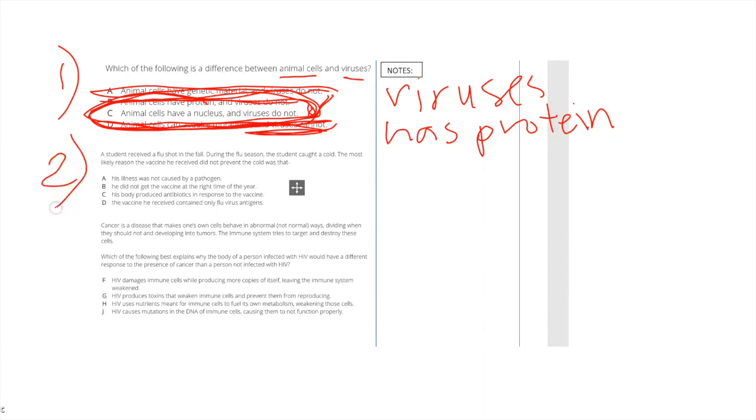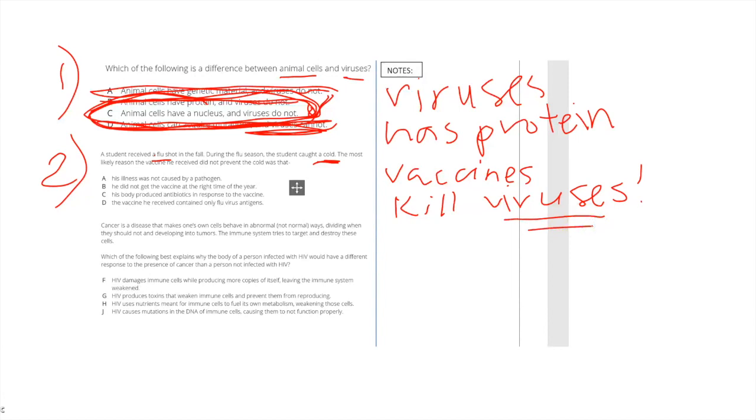Number 2 says a student has received a flu shot in the fall. Perfect, go get the flu shot. During flu season, the student caught a cold. Uh-oh. The most likely reason the vaccine he received did not prevent the cold was that vaccines kill viruses, and only viruses, not bacteria.